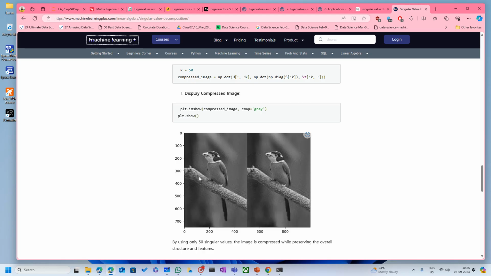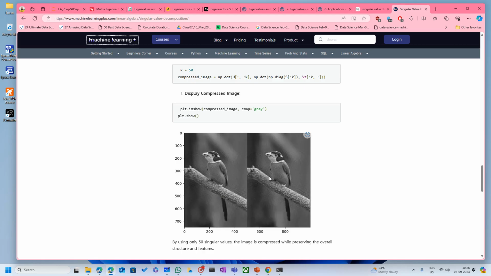So if I calculate an eigenvector for this image, then no matter how much scaling I do, the image does not change. Only the vector magnitude changes, the direction doesn't change.